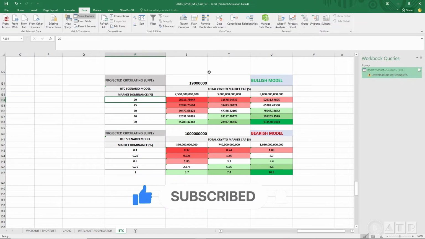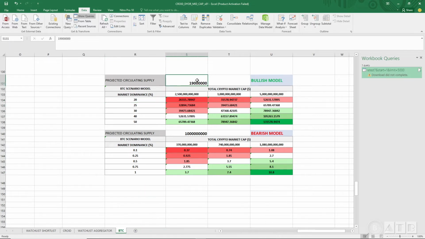So with 19 million Bitcoin in circulation, and with $2.5 trillion in the crypto space, if Bitcoin happens to be at a dominance of 20%, this is the estimated price I expect for Bitcoin.